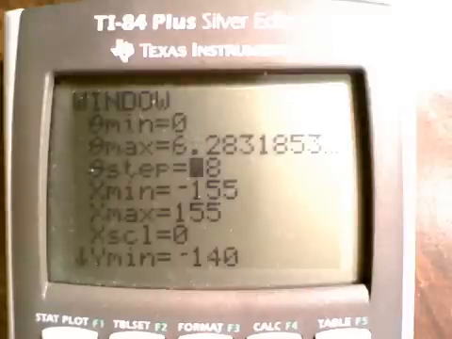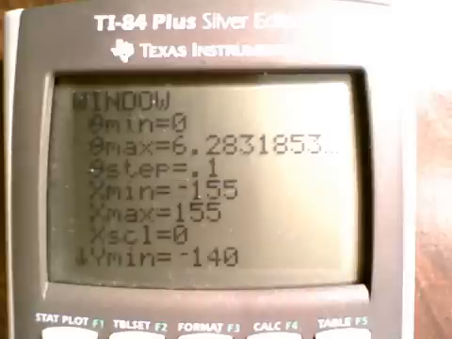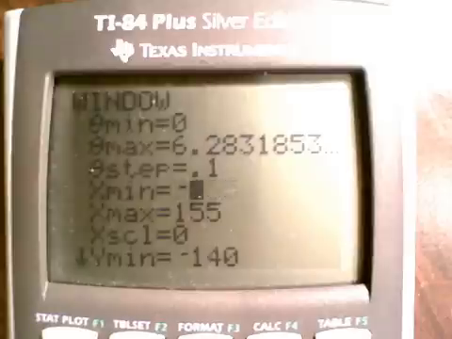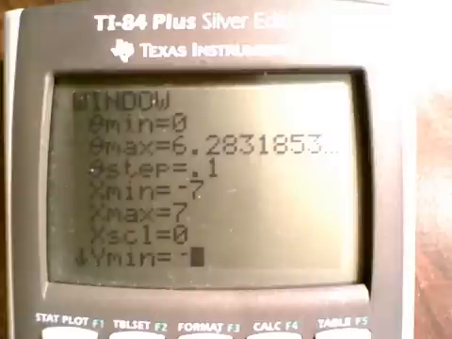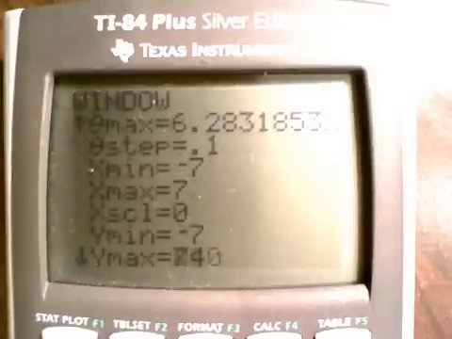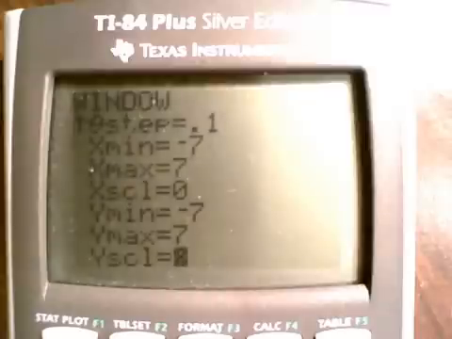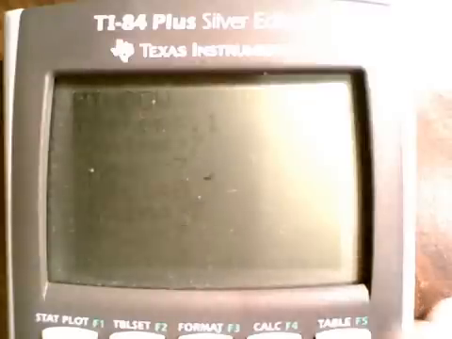And the theta step, let's let it be 0.1. I'm just guessing. Let's let the x min be negative 7, and the x max of positive 7. Okay, and let's adjust the y min to be negative 7 and the y max of 7 as well. Okay, let's see what happens.